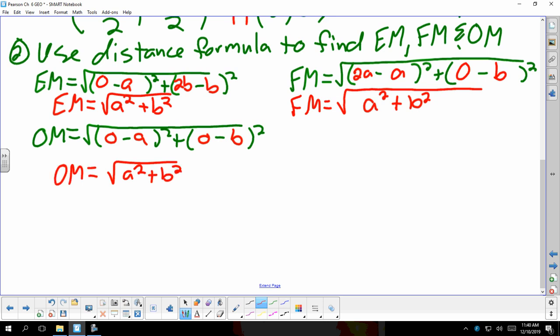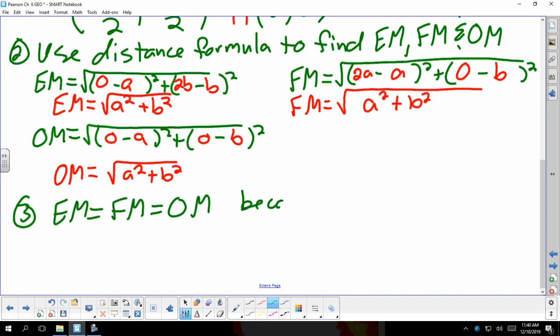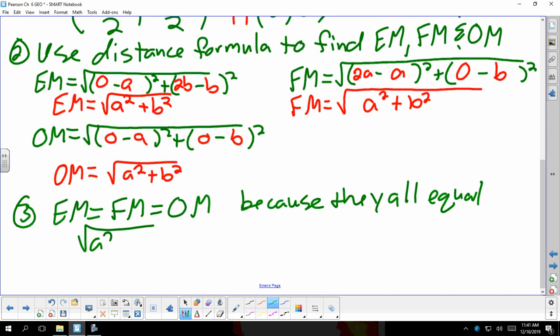So notice they all have the same lengths. So we can conclude that EM equals FM equals OM because they all equal the square root of a squared plus b squared.